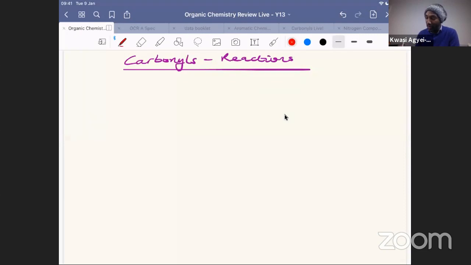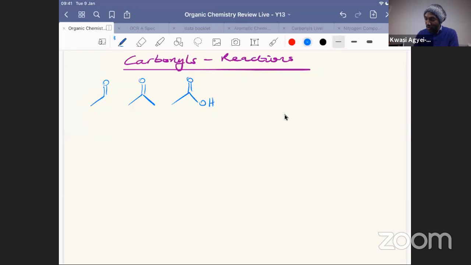Of course, the carbonyl group should be familiar to all of you at this stage, and it comprises a C double bond O. So you can have, as an example, an aldehyde shown here, in this case ethanal, or you could have a ketone, as shown here, and you may, of course, have a carboxylic acid, shown like so.